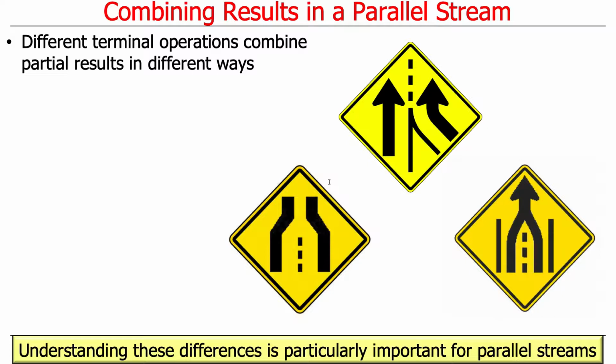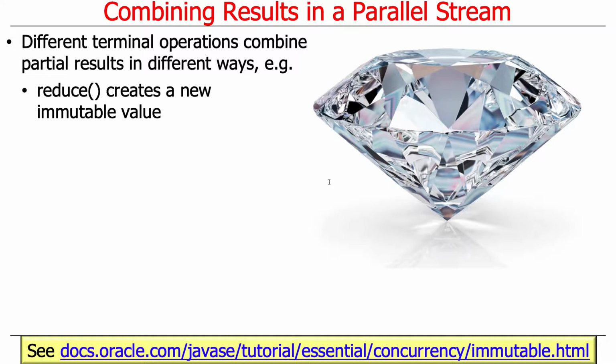Now, what's interesting about this is that different terminal operations, namely collect versus reduce, combine their partial results in different ways. And we'll see that this is also important when we deal with different kinds of collectors, because there are concurrent collectors and non-concurrent collectors. We'll talk about that next.